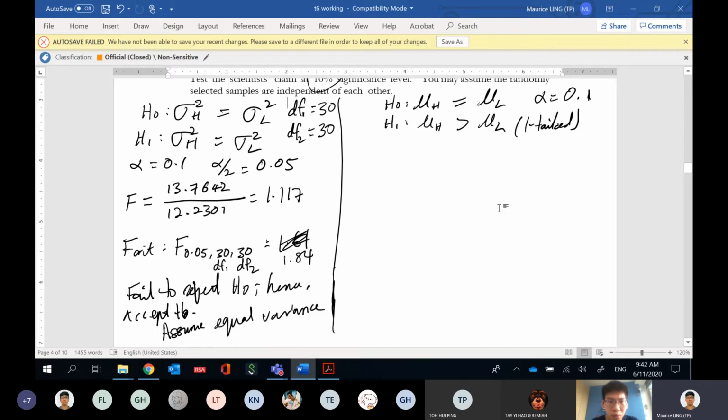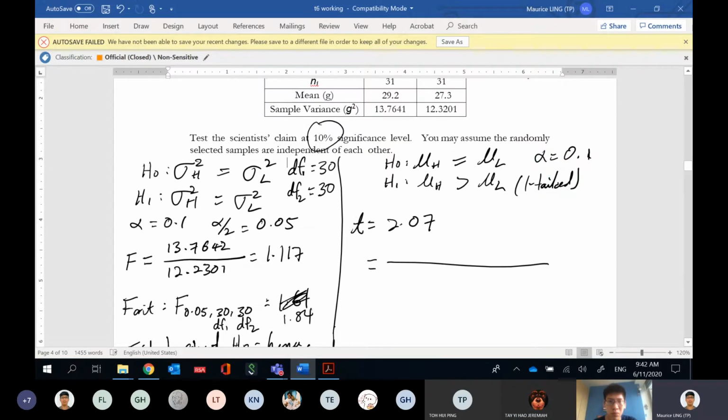After that, you calculate your t statistic. Okay, what is your t statistic? 2.07. Correct. Anyone cannot get 2.07? Okay, 2.07 is actually a little bit harder to get because there's a long formula.